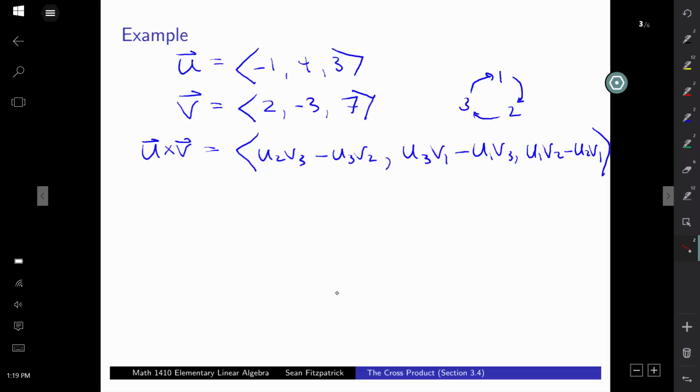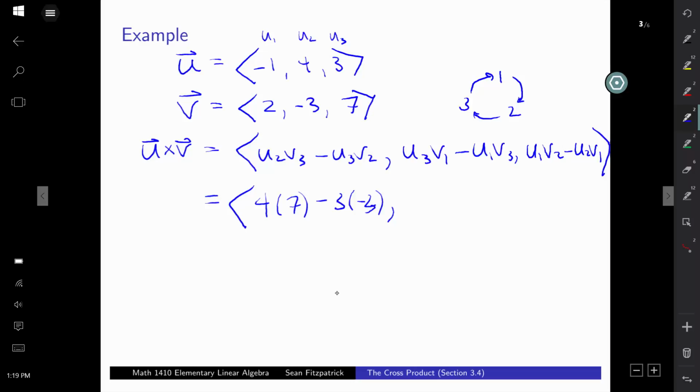But the only problem with remembering the pattern is then you've got to do some pattern matching, right? So you've got to identify things. So u2, now we go up here. Here's u1, here's u2, here's u3, and you start plugging things in. So u2 is 4, v3 is 7, u3 is 3, v2 is minus 3.